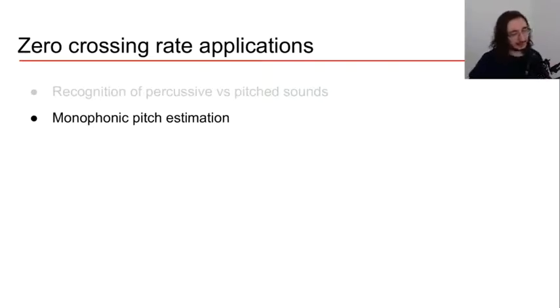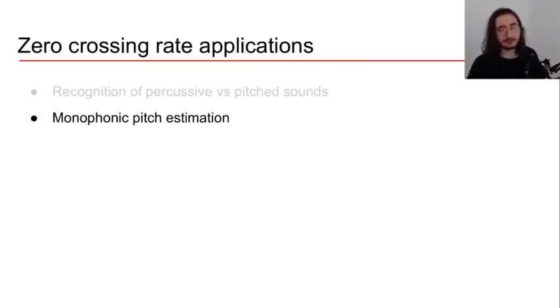And we can also use zero crossing rate as a very rudimentary monophonic pitch estimation algorithm. In other words, there's a relationship between the number of zero crossings and the pitch.